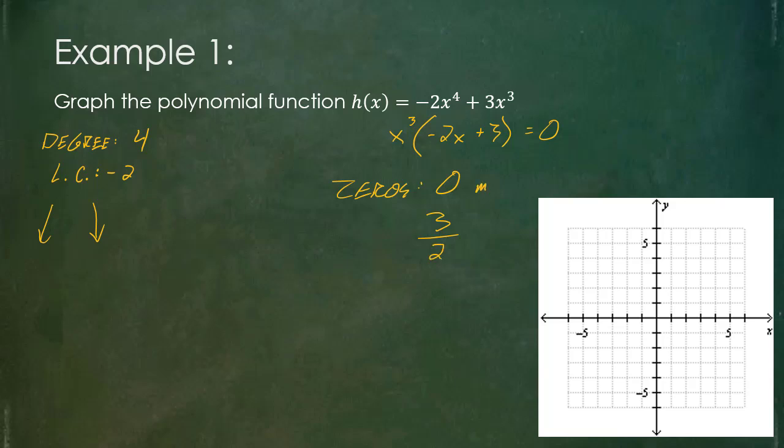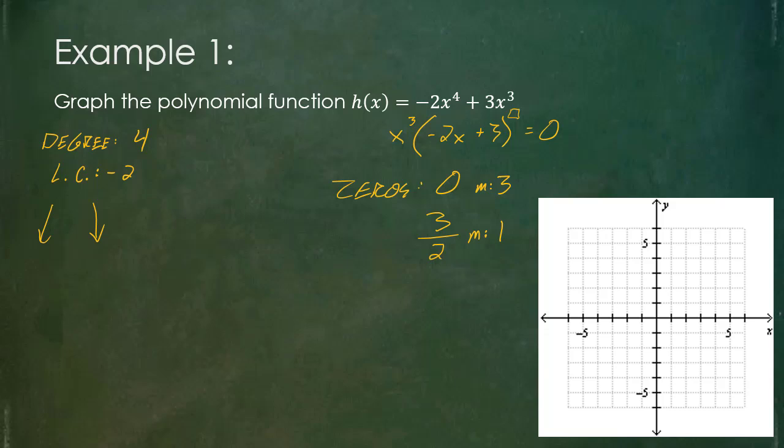Now for each of those, I can identify the multiplicity. For 0, it had a power of 3 on that x in front, so it will have a multiplicity of 3, whereas on the factor where the 3 halves came from, there was no power, so its multiplicity would be 1. So what does that mean is happening at each of these?